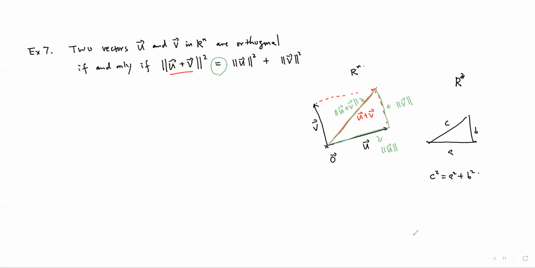Now, how to prove it? U and V are orthogonal if and only if the Pythagorean theorem holds. Let me start with the right side.